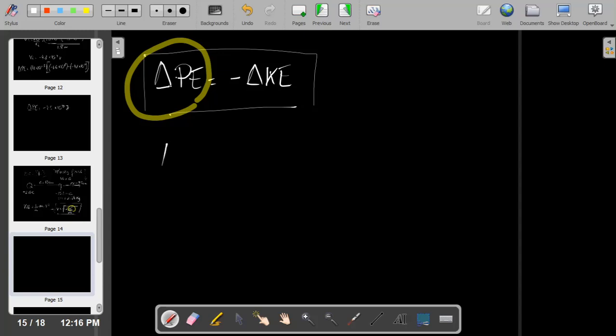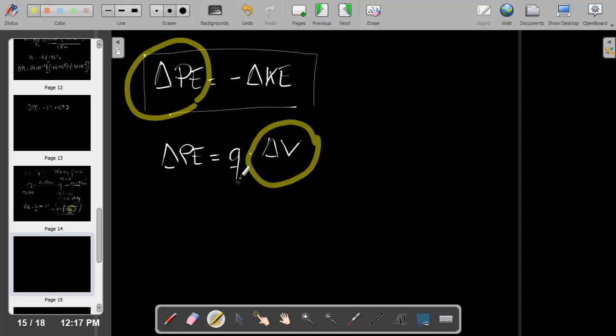The change in my potential energy equals my movable charge times the change in electrical potential. Well, this is also missing. Okay, we do have the charge that is movable, the value for that little q we have, but we don't have these.